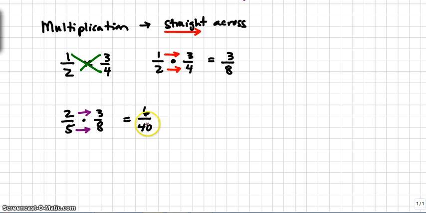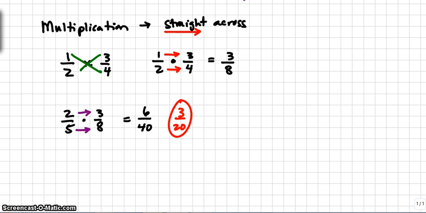When they're both even, 2 is an easy number to work with. Most people can divide things in half pretty easily in their heads. So let's do that with this problem. 2 goes into 6 3 times, and 2 goes into 40 20 times. So that is the reduced form of this fraction. Whenever you're working with fractions, always put your answer in lowest terms.